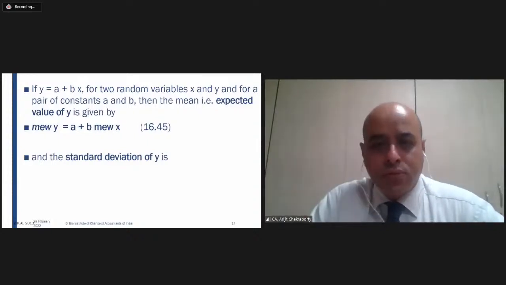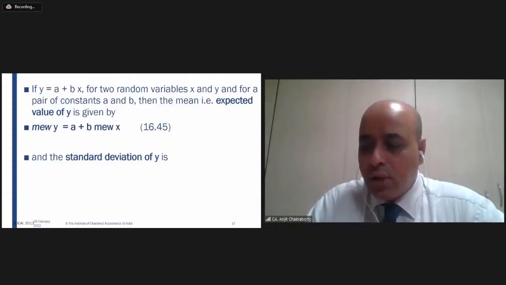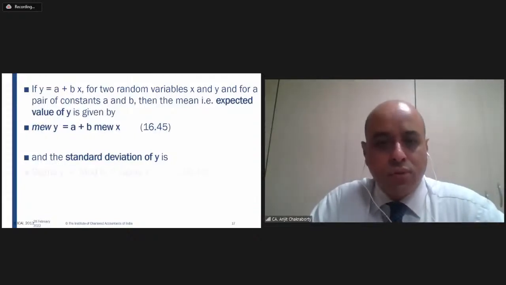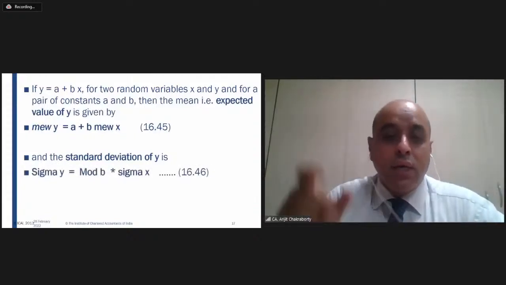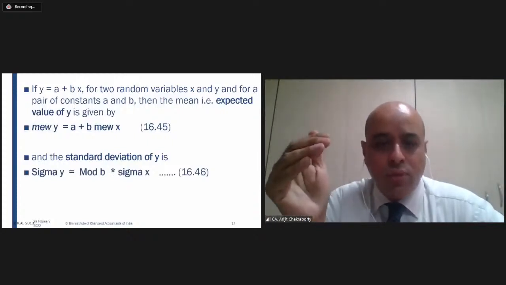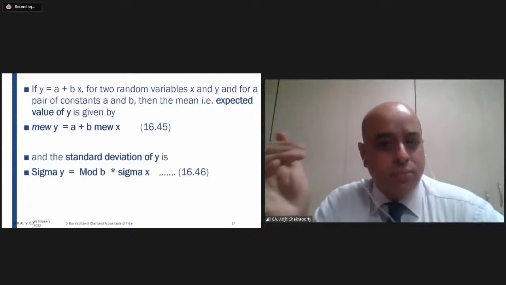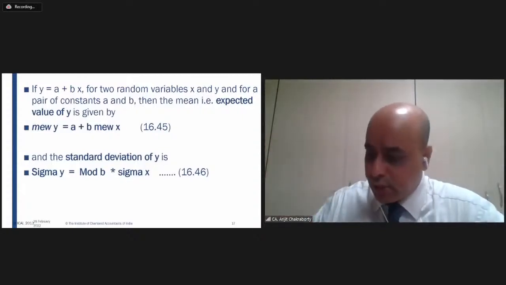And the standard deviation of y, you can see these formulas are in the study material. We are following the study material point by point. The standard deviation of y is given by modulus b into sigma x. So please remember and please write it.